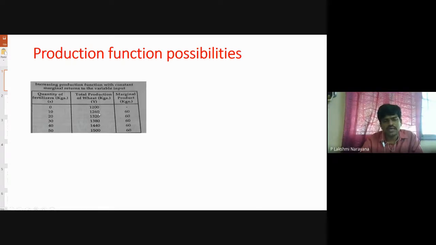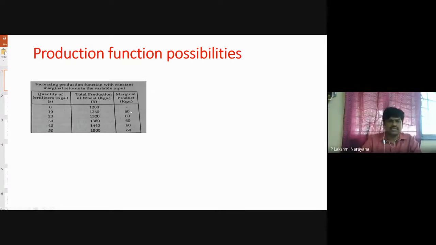So the difference, 1260 minus 1200, is 60. That is the marginal product. How can you measure the marginal product? If the output changes from Q1 to Q2, then Q2 minus Q1 is said to be the marginal product.